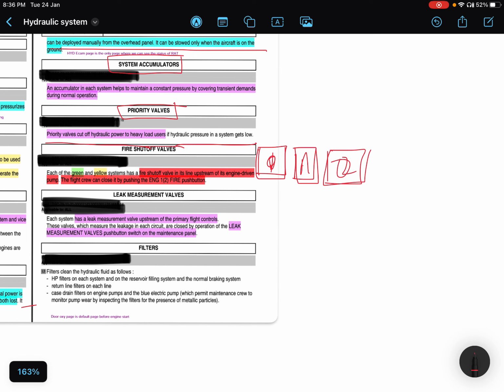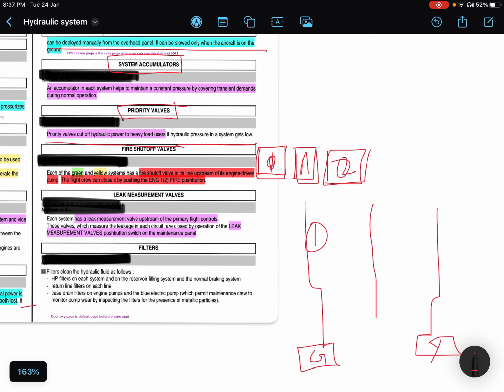Where are these? These are just before the engine driven pumps. By looking at the diagram, you will be able to figure out that we have only two engine driven pumps, one for the green system, let's say this is the green system, this is the green reservoir, and one for the yellow system. For the blue system we have only one electric pump and one RAT.